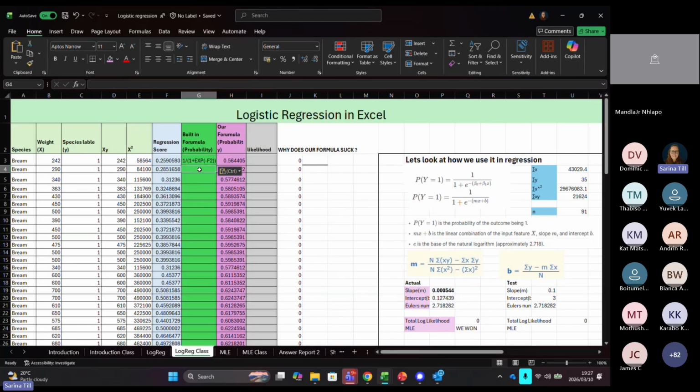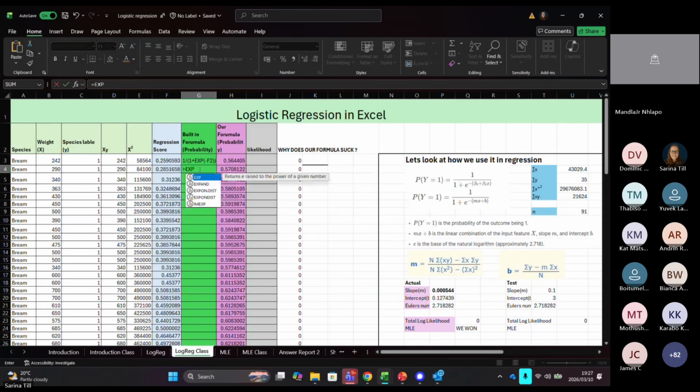It returns E raised to a power of a given number. That E is Euler's number. This formula knows to use Euler's number. That's why it does it for you, so you don't have to manually do it. There's also nothing wrong with manually doing it.